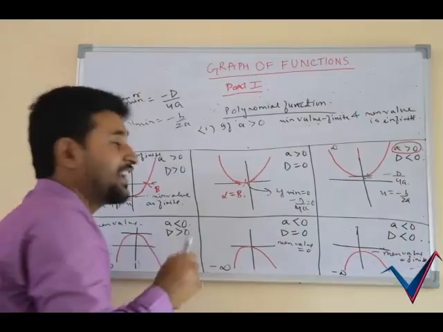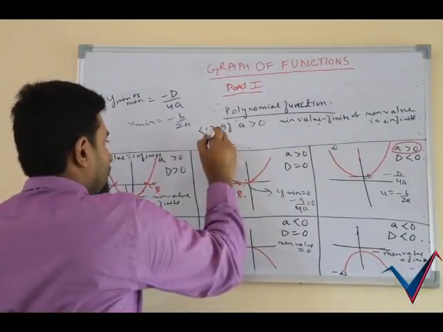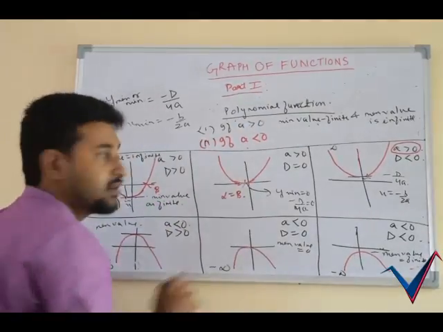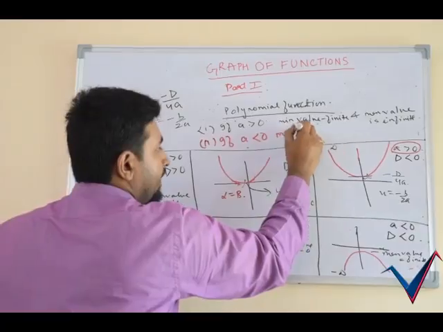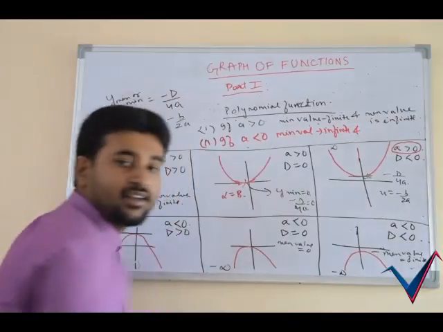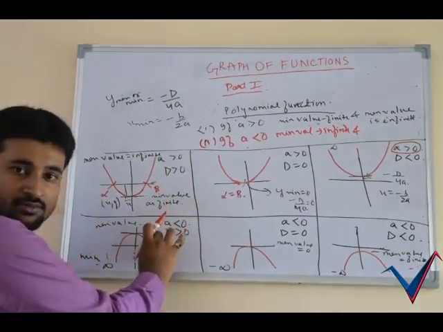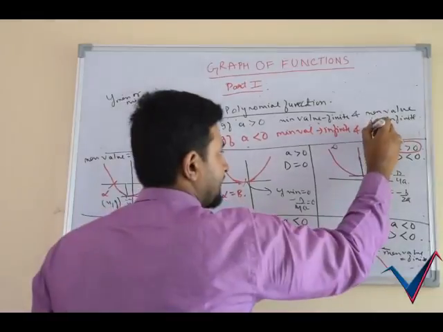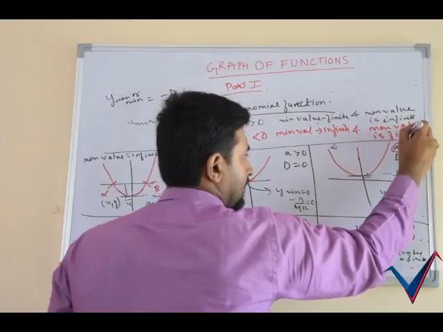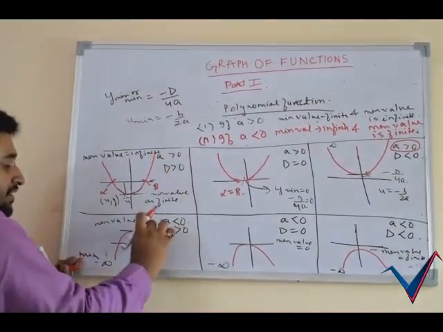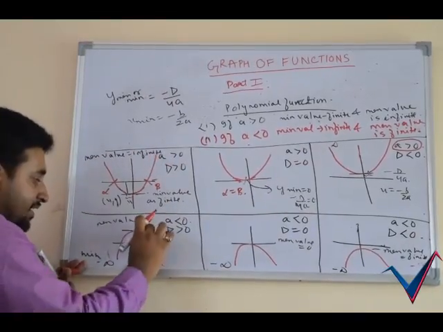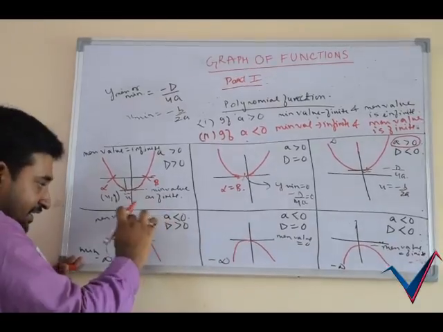Now statement 2: if a is less than 0, the minimum value is infinite and the maximum value is finite. You know why this is maximum and why this is minimum, because the lowest value of y for this graph is this only, and here the maximum value of y for this graph occurs at this point only.